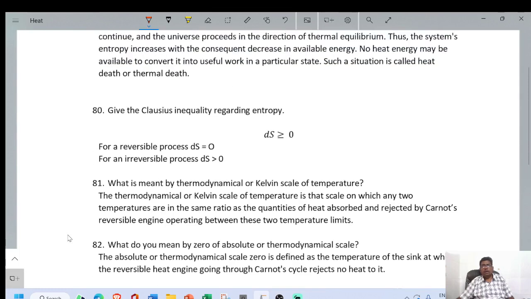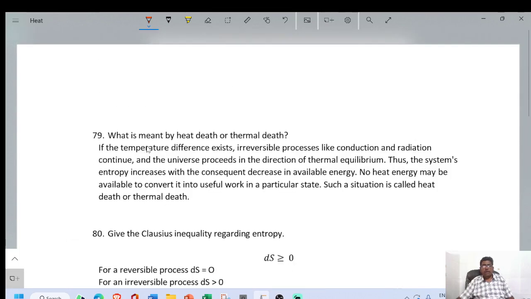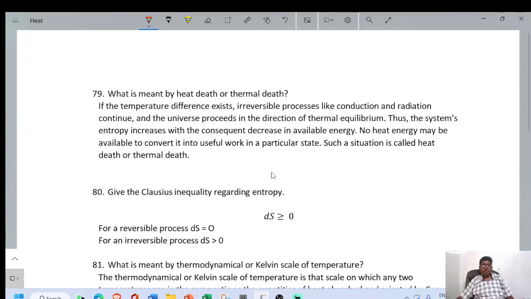What is meant by heat death or thermal death? If a temperature difference exists, universal processes like conduction and radiation continue, and the universe proceeds in the direction of thermal equilibrium. Thus, the system's entropy increases with a consequent decrease in available energy. The energy which can be converted into mechanical work is called available energy.